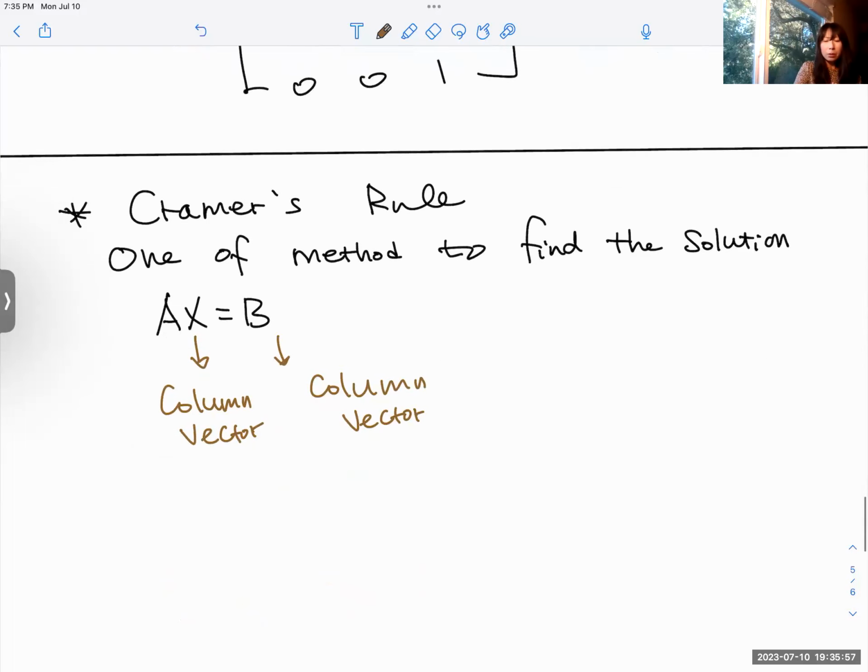Okay, so if we have AX equal to B, and A is a matrix, right? Let's say that A is a square matrix.